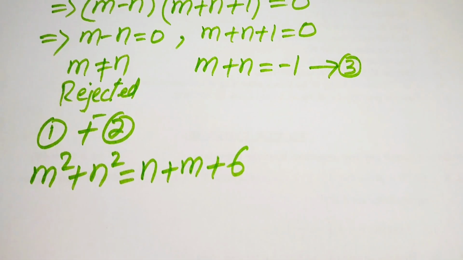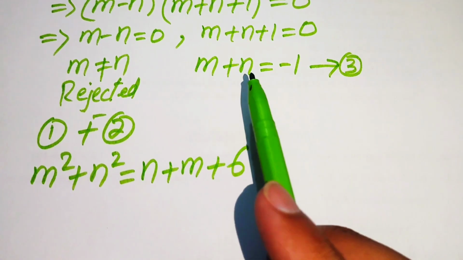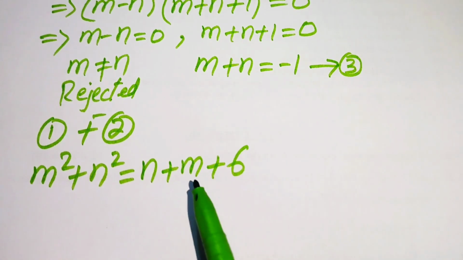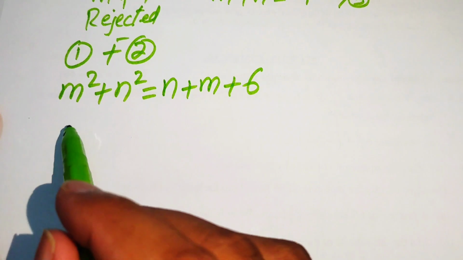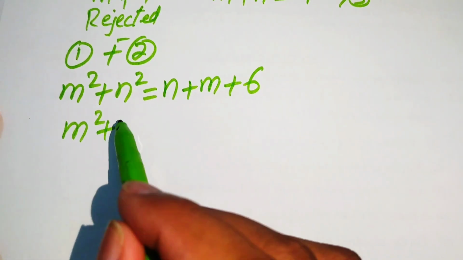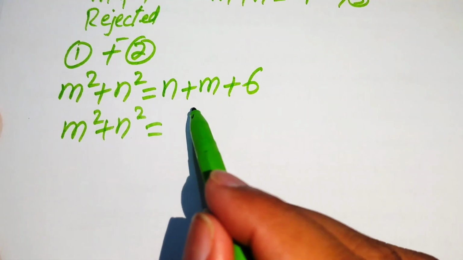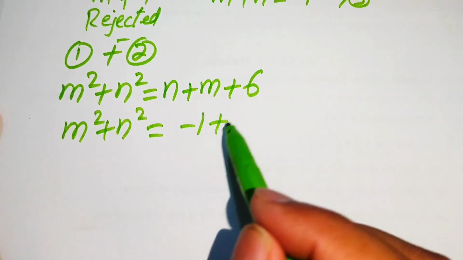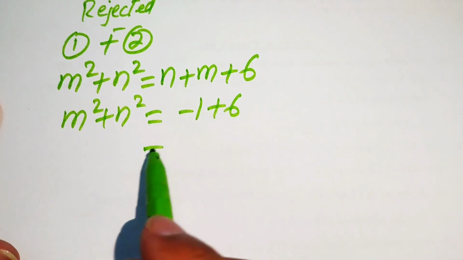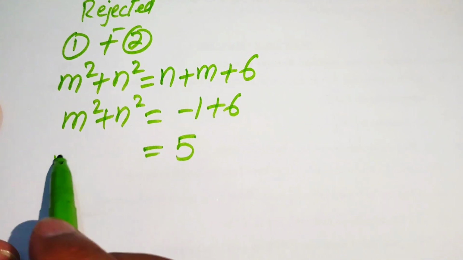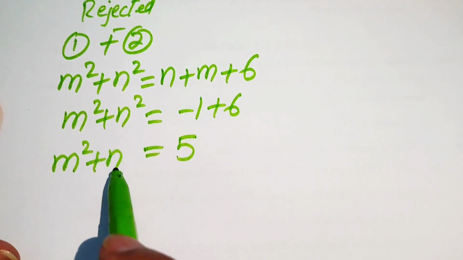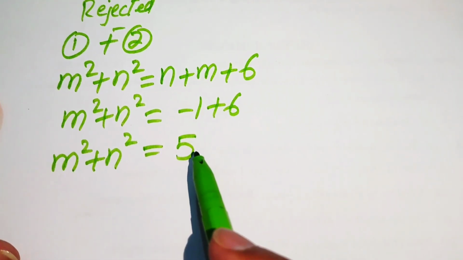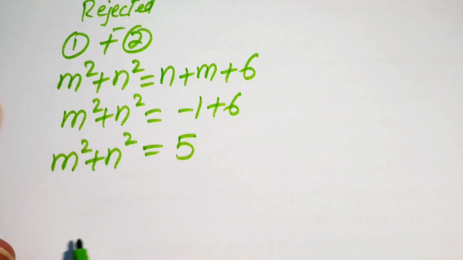Here we use equation number 3, in which m plus n equals minus 1, so we put this value in the right hand side and we get m square plus n square equals minus 1 plus 6, which equals 5. So we get m square plus n square equals 5.